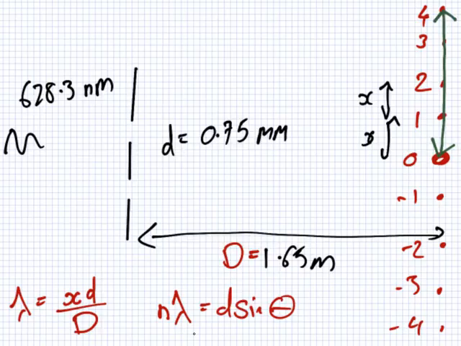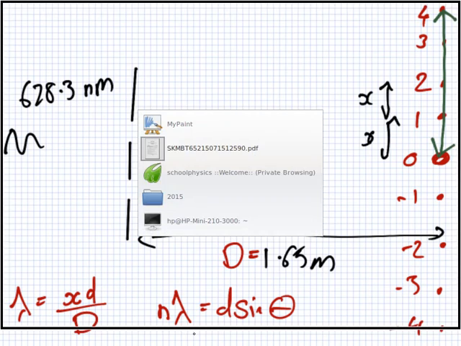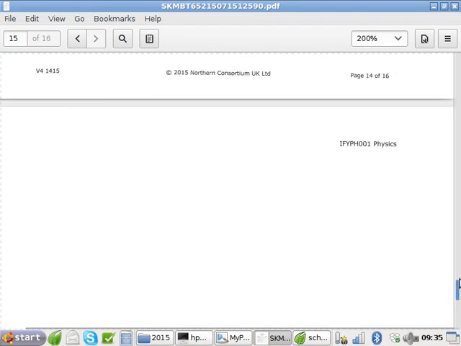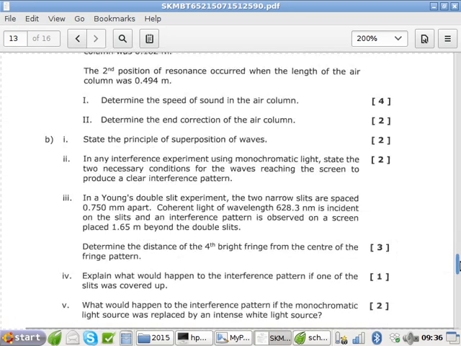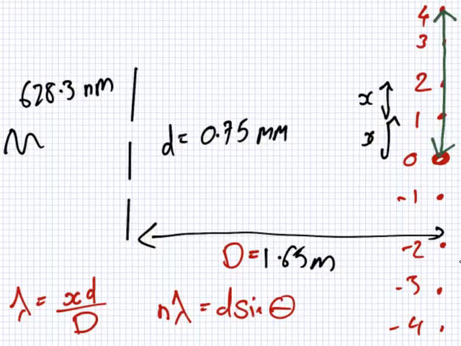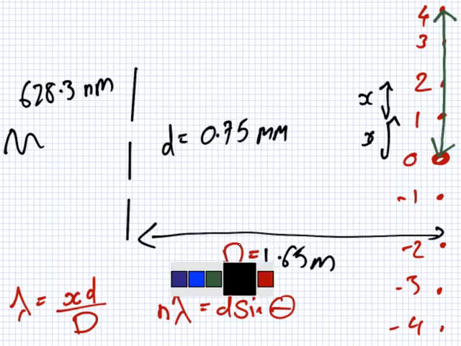Now the one we should use, maybe we should look at what they ask us to do next, so we can choose. No, it doesn't matter. So we can use either formula. Okay? From the slit to the screen, yeah. The distance between the slits here.